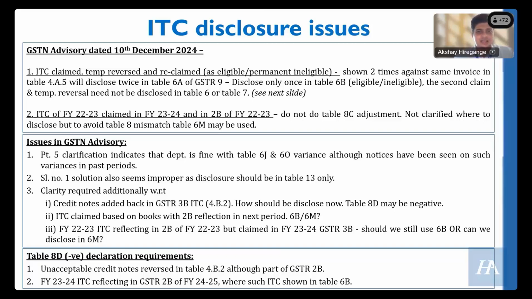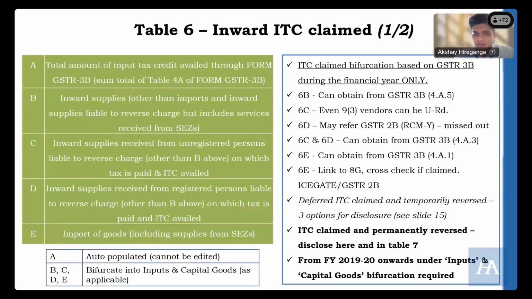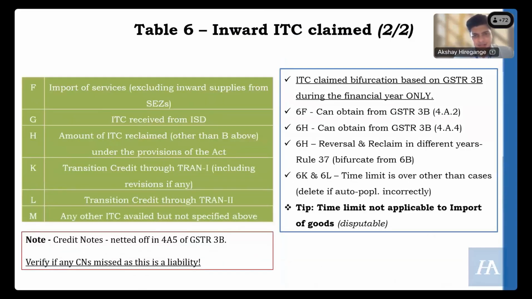So when we were earlier discussing, 2 times credit will come in table 6A, but I will show only once in 6B. Where it is ineligible credit, I will show the reversal in table 7.